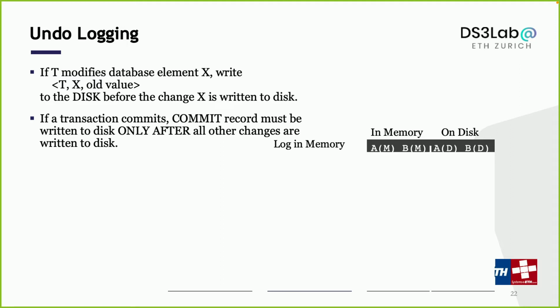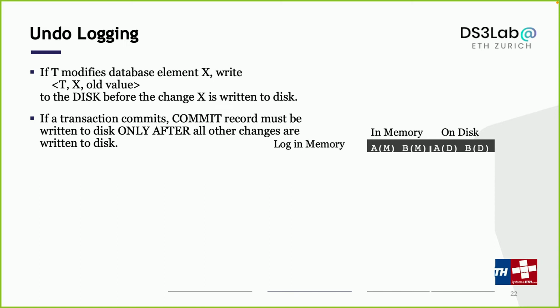And then I will make sure that this record, T, X, old value, is flushed to disk. The log is flushed to disk before the change of X is written to disk. Okay?